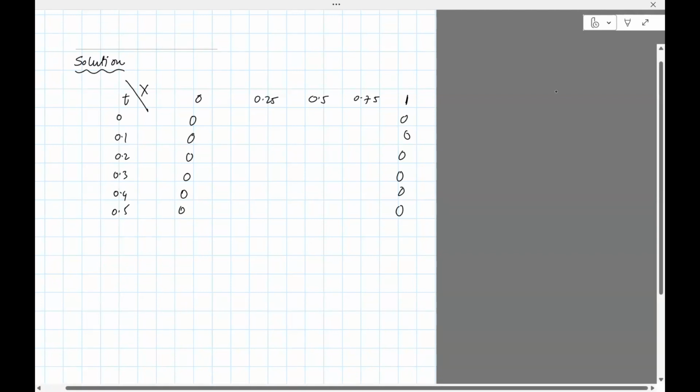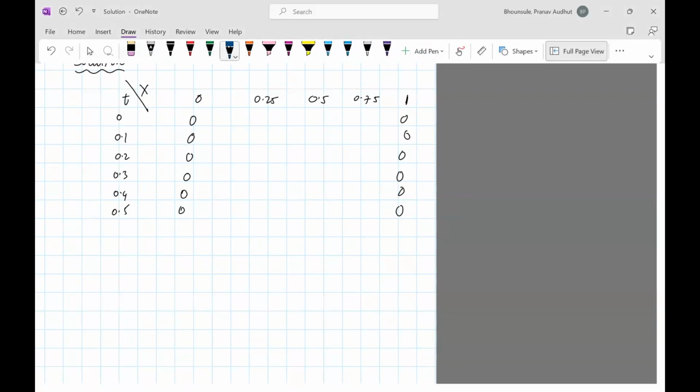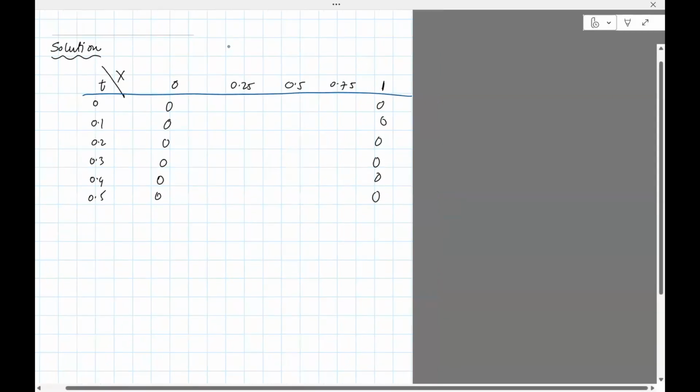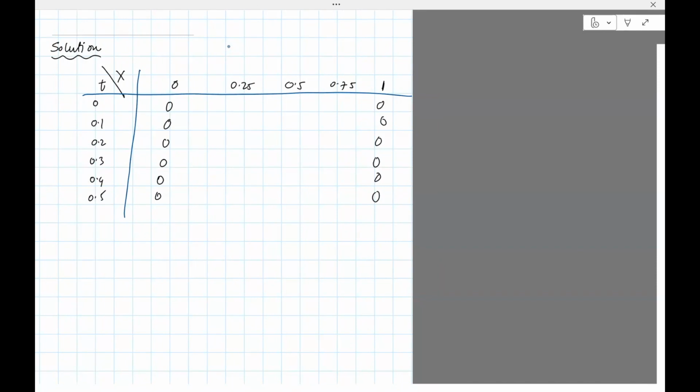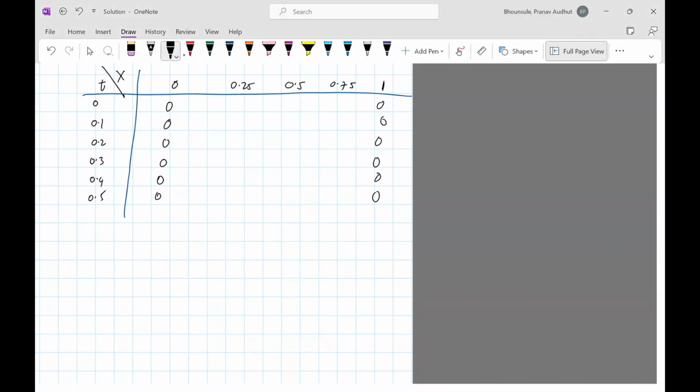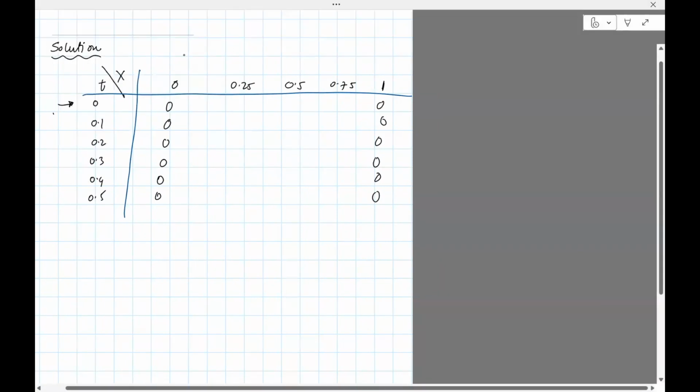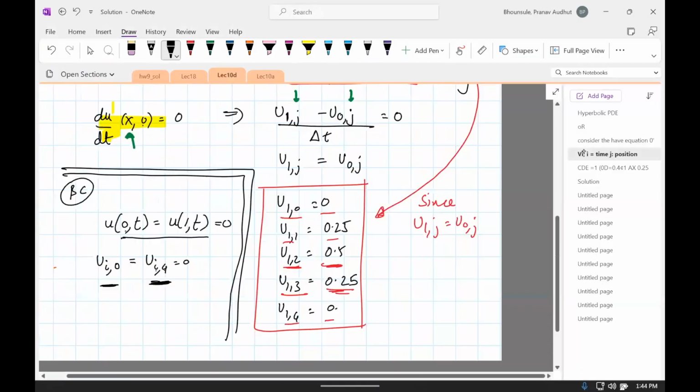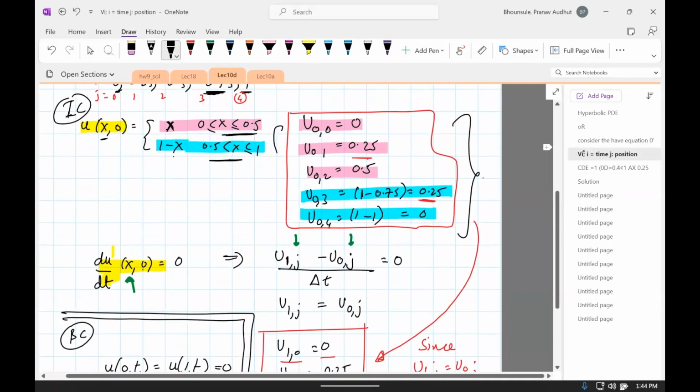We already computed the solution for the first index. This was basically the initial condition. It was essentially this table. You have to put this there: 0, 0.25, 0.5, 0.25, and 0.